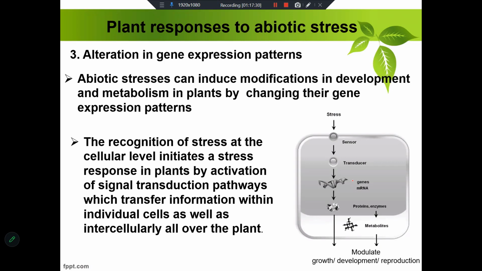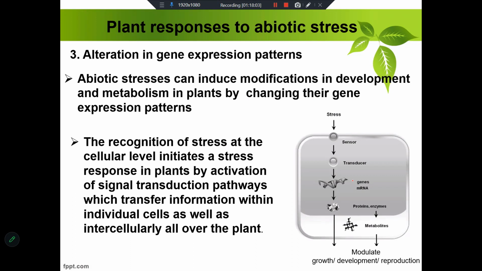So what actually they do, when the stress is detected, there will be different things going on in the plant cell. One of these things can act as a factor that informs the plant cells that there is a stress event going on in the cell. It can be sensed, and then that signal can be transferred using a signal transduction pathway.